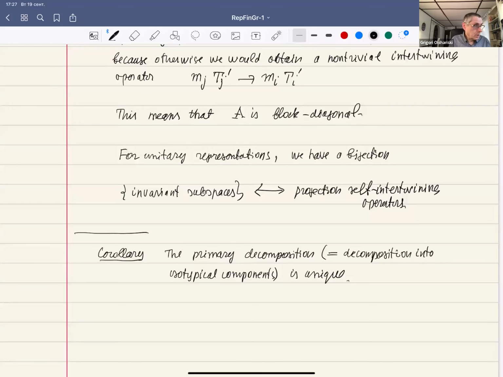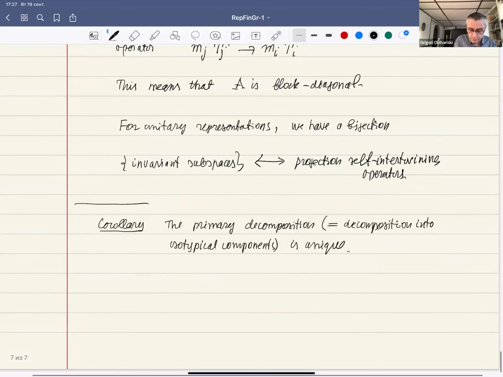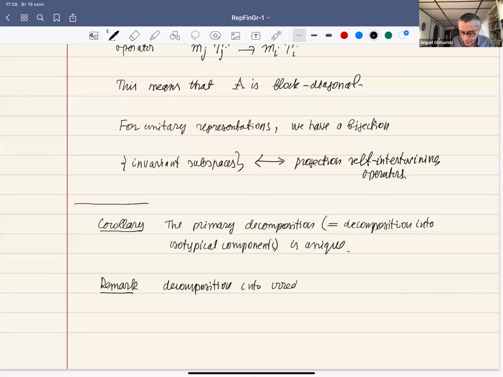But I would like to mention that this remark, that decomposition into irreducible components is not unique. In what sense?